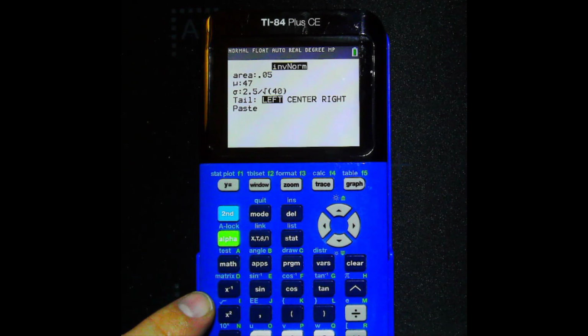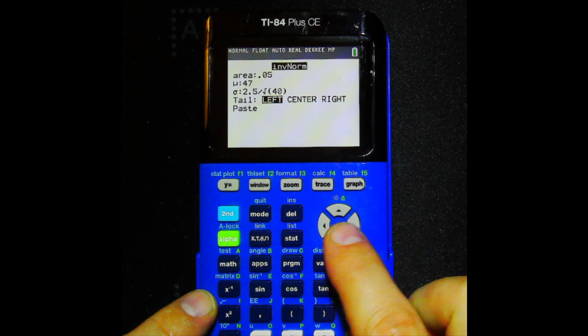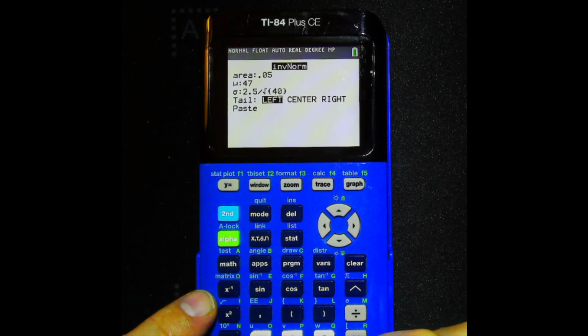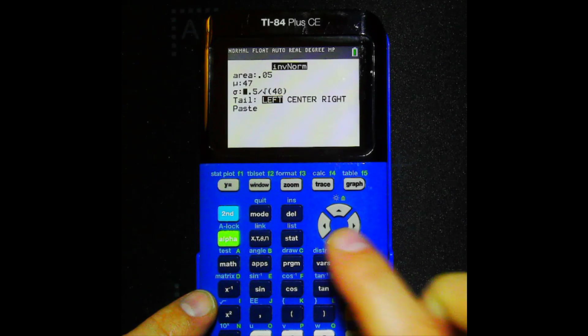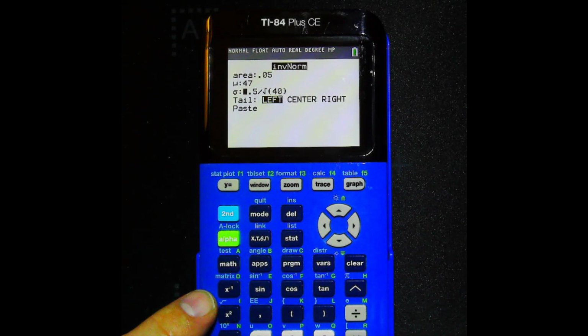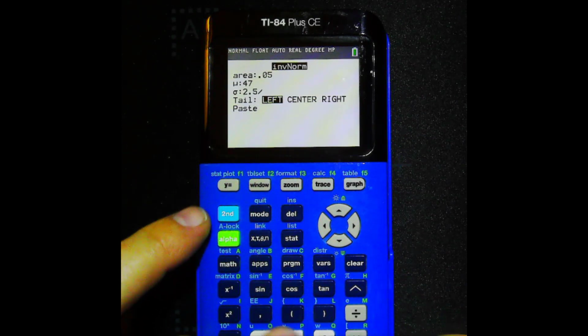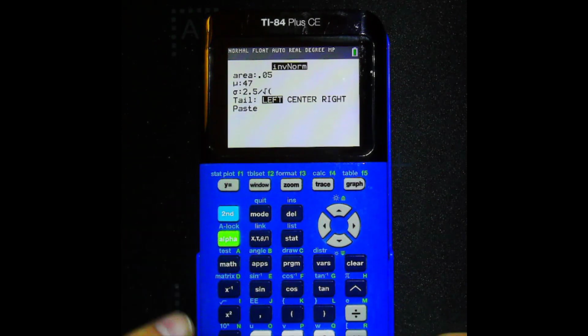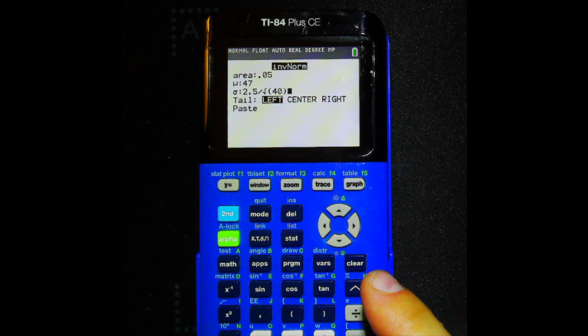The area that we've chosen is the level of significance. So that's 0.05. The null hypothesis mean was 47. Standard deviation was 2.5, but the sample size was 40, so we divide that by the square root of 40 to get the standard error for the distribution of sample means.